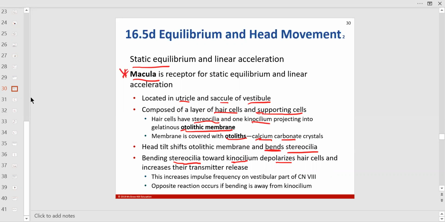I think that's kind of confusing. They probably just found out about it 50 years ago anyway. But this is the key. It's a mechanical stimulation. It's bending the hair cells, the receptors, the stereocilia, onto the otolithic membrane. And it causes what? Again, depolarization. Probably glutamate. But don't hold me on that one, because nobody knows.